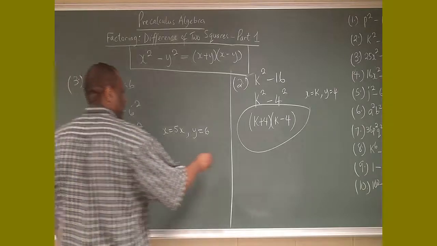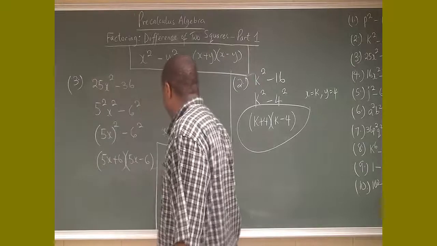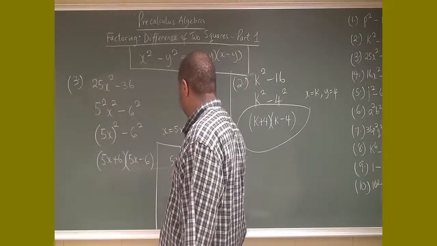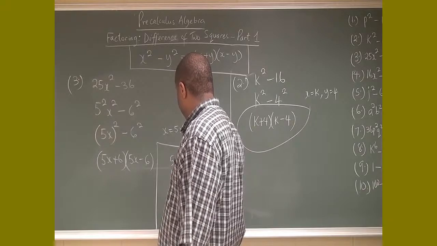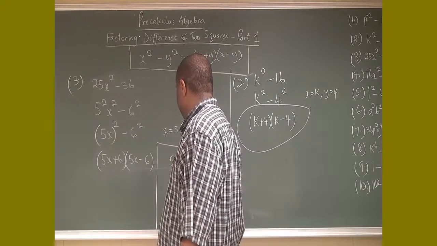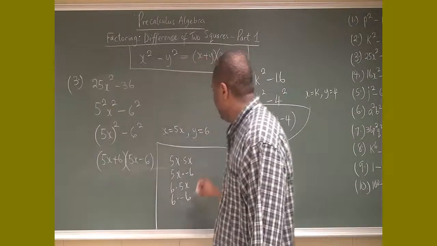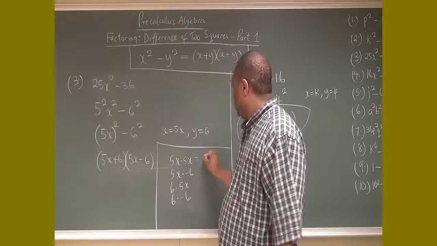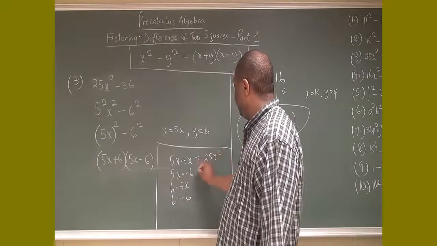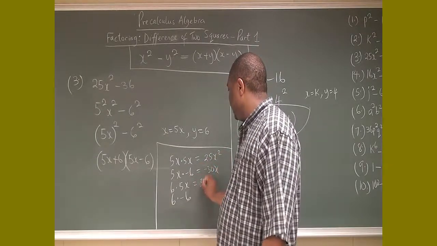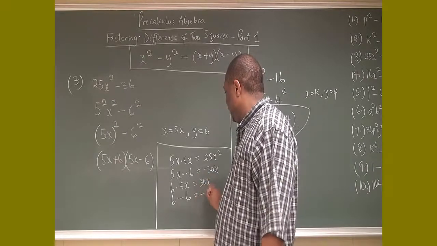I'm not going to check all of them, but let's check this one. If we want to check on this one, this will be 5x times 5x, 5x times negative 6, 6 times 5x, and then 6 times negative 6. So this will be 25x squared, negative 30x, positive 30x, and negative 36.